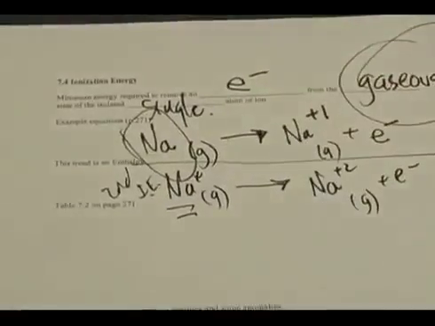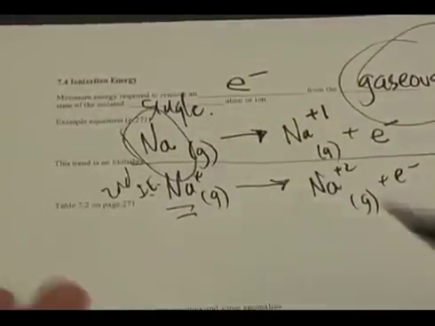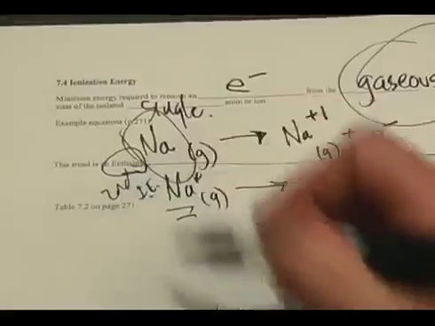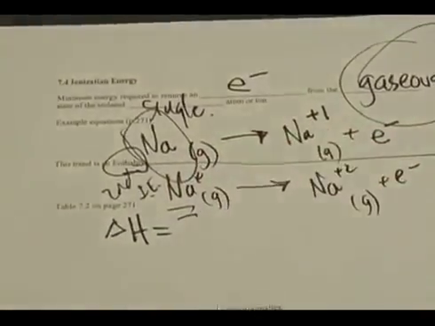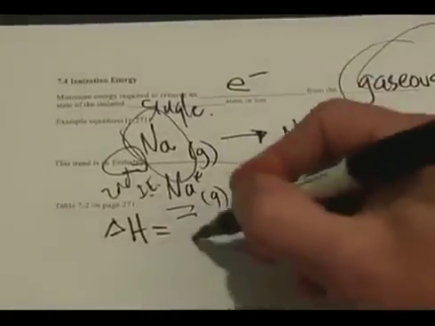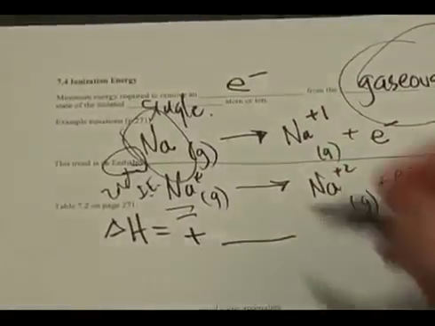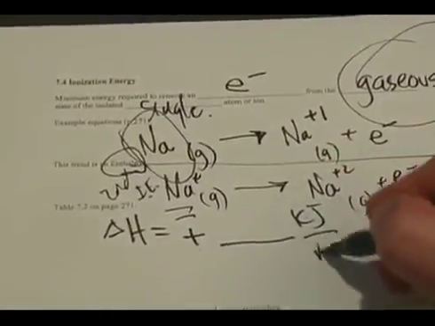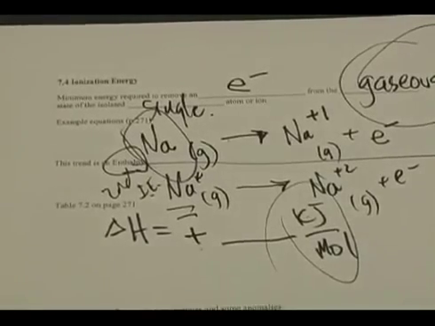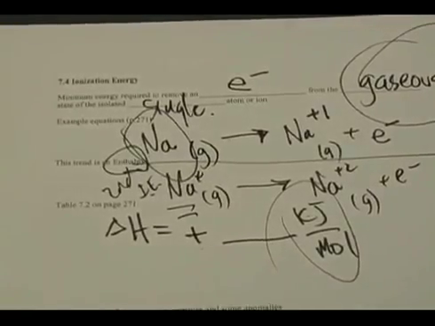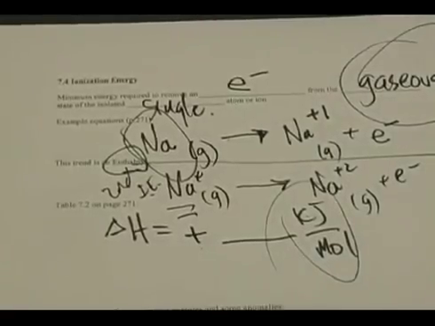This trend is in enthalpy, which we symbolize by delta H. We have to put energy in to lose an electron, and therefore it's a positive value, and it's always measured in kilojoules per mole, because it's how much energy is needed to remove that electron from a gaseous atom.